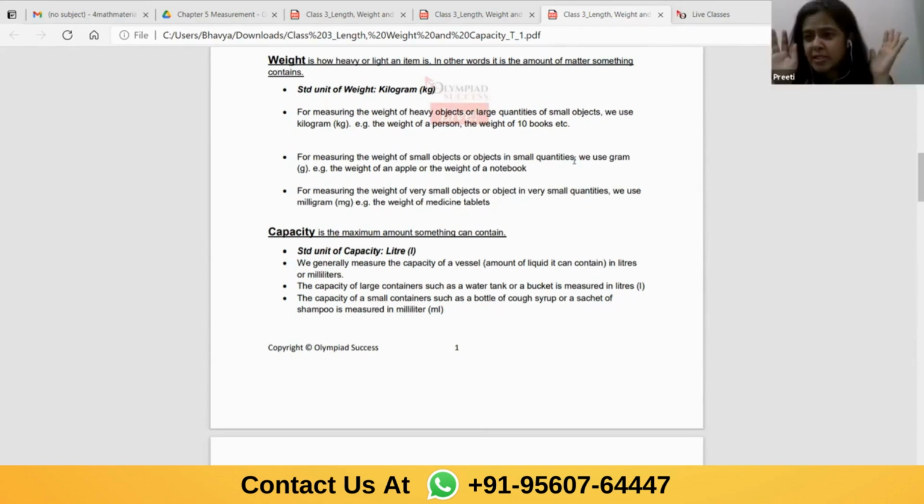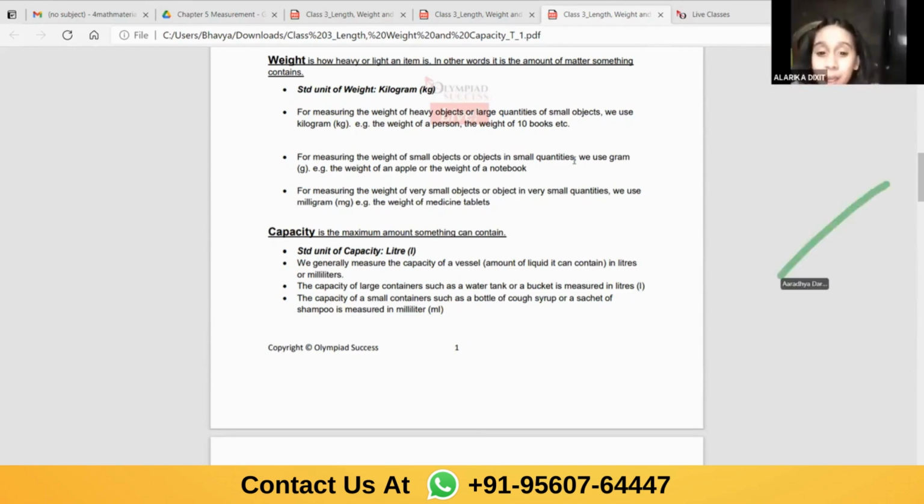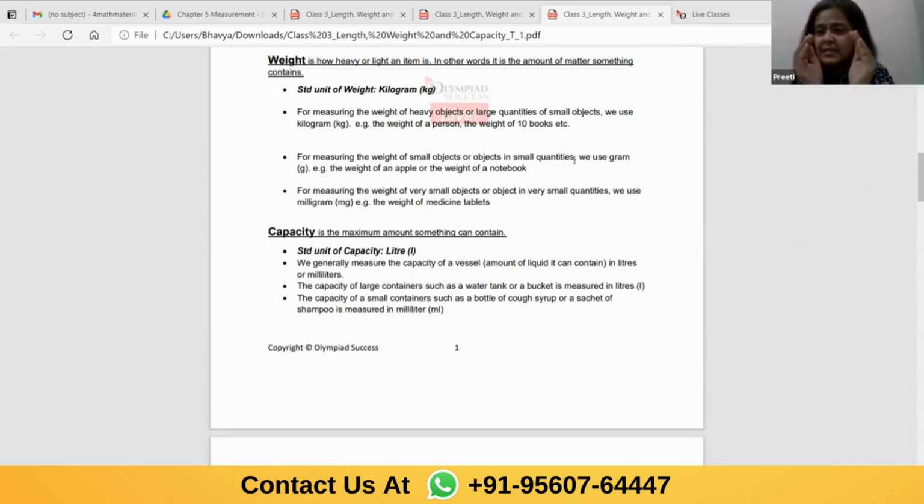Then what is 10 kg? Very heavy. Right. That 1 kg thing is light in comparison to the 10 kg thing because 10 is 10 times of 1. So basically weight we use for solid items, any solid thing. For that solid thing we measure in weight, I mean in kilograms or grams.